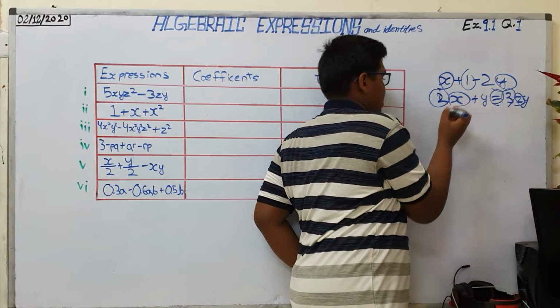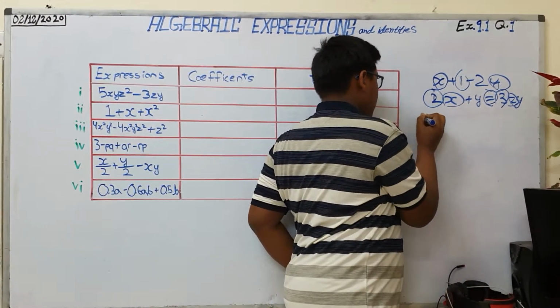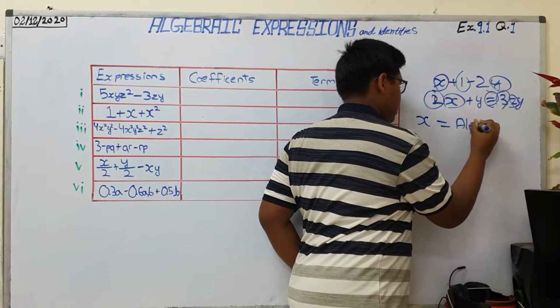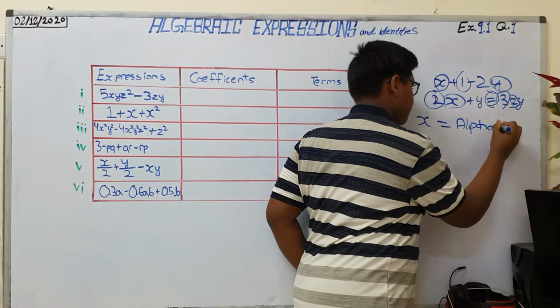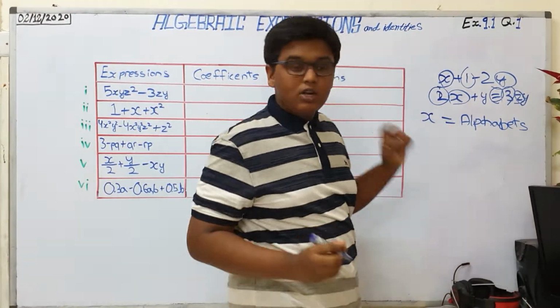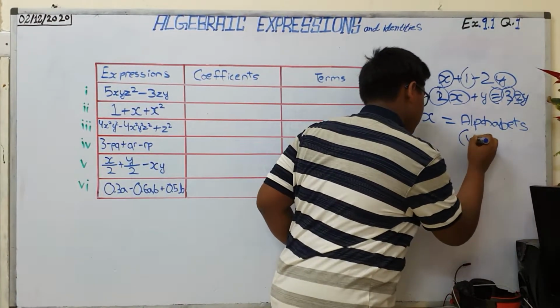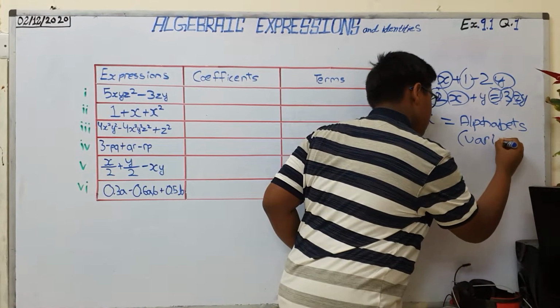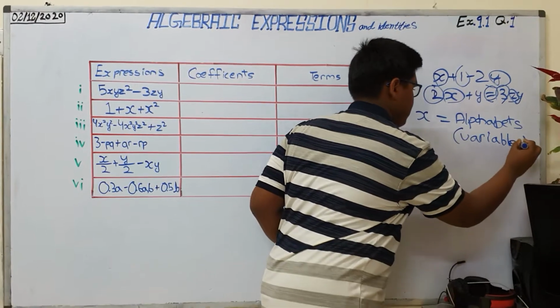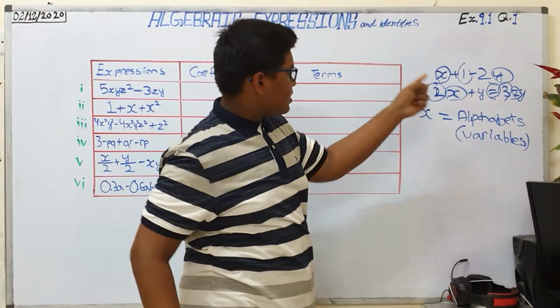The alphabets are called variables in algebra.